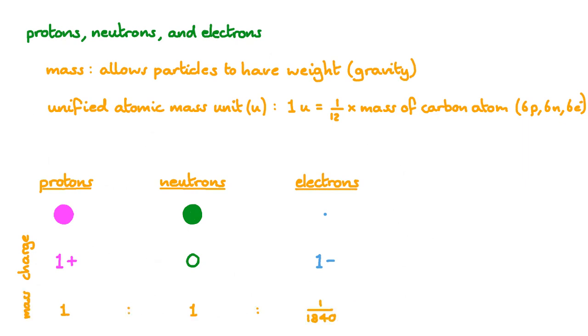This comes out roughly to 1 to 1 to 1/1840. What this means is that it takes about 1,840 electrons to have the same mass as 1 proton or 1 neutron. This is why the mass of electrons is sometimes completely ignored by chemists. The protons and neutrons are just so much heavier.